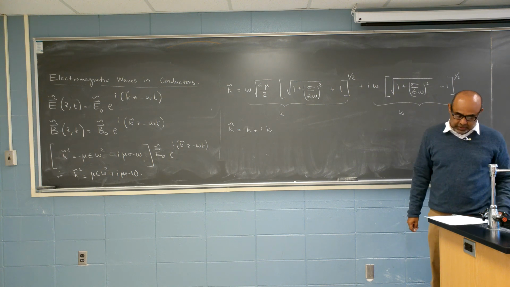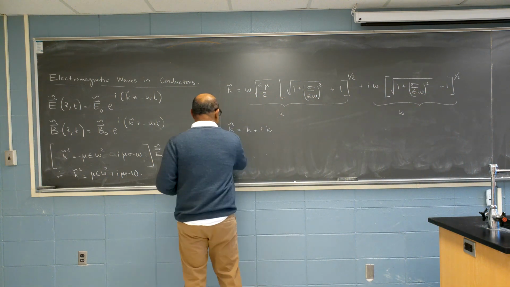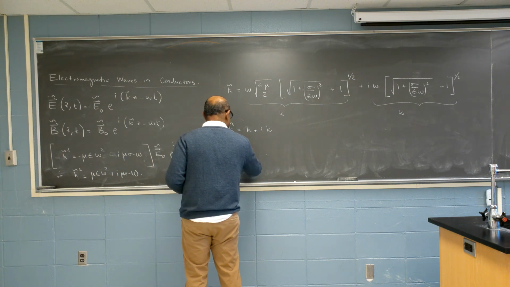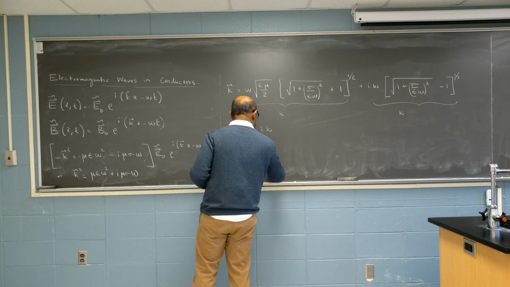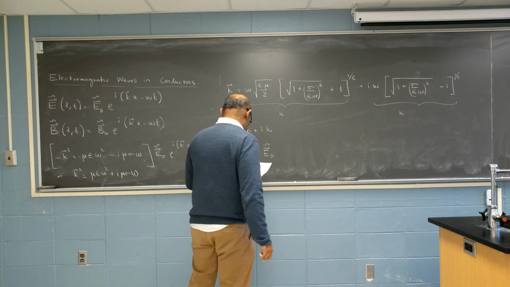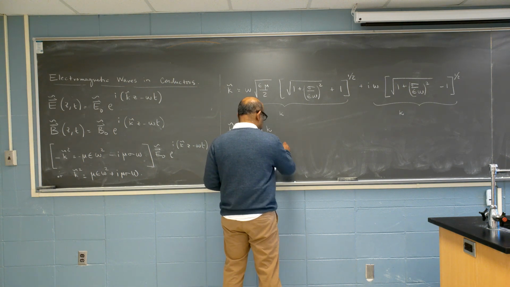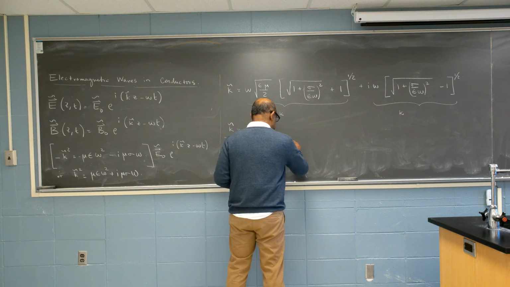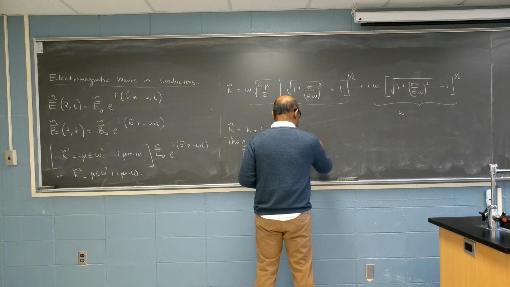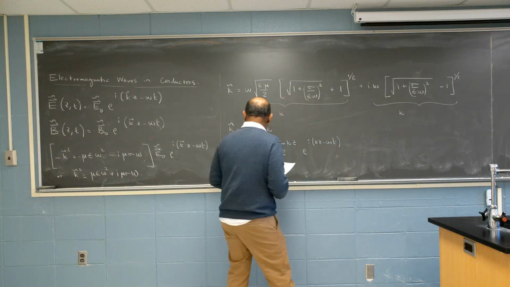And so, what will E look like? E, for example, will look like that. E is equal to, of course, the complex part, and then I have e to the i, kz minus omega t.